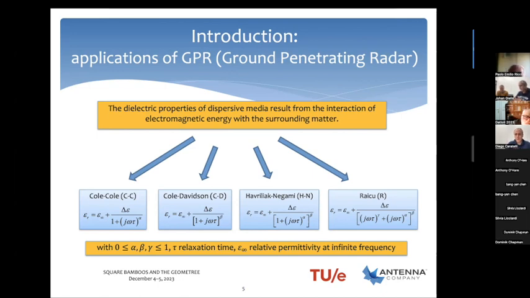All the models reported here depend on a given relaxation time, tau.